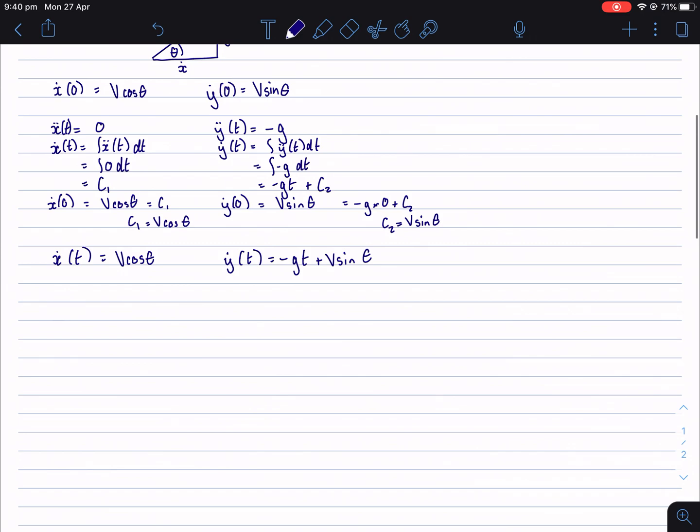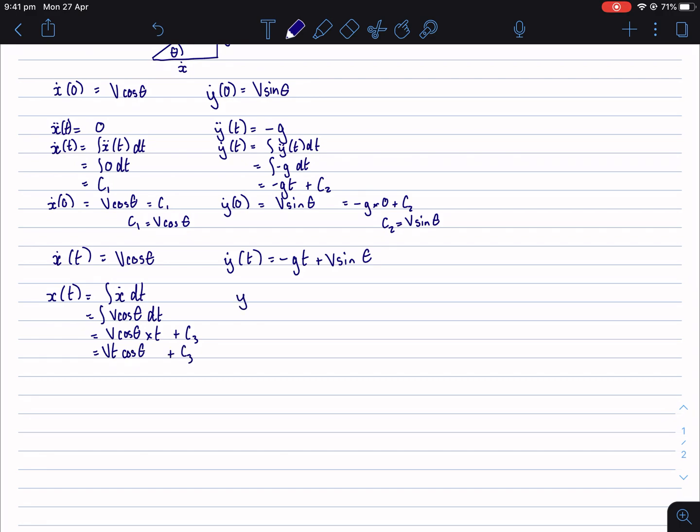Yep, okay. Okay, and now I'm going to integrate again. So we're integrating v cos theta. So it's going to be v cos theta times t plus c3. Another way to write this is vt cos theta.